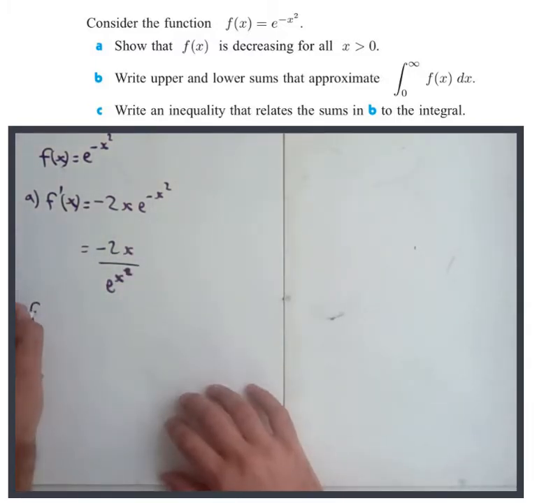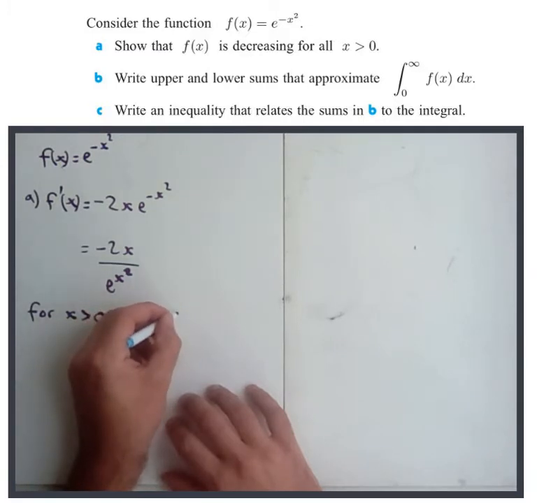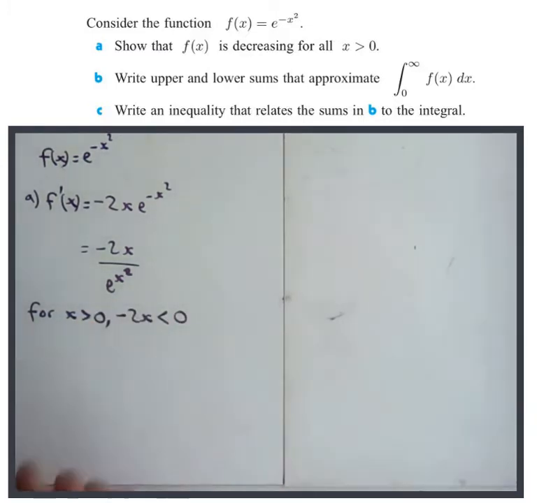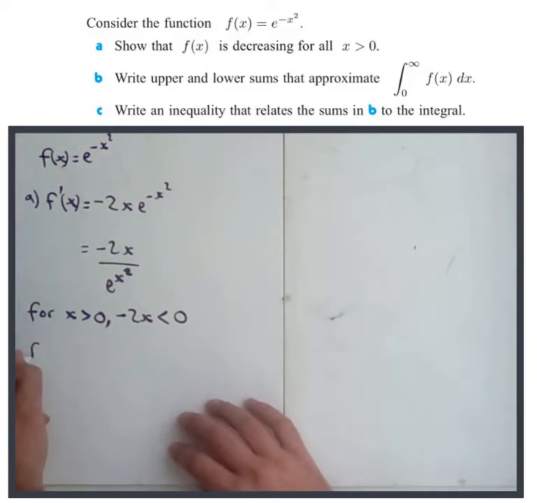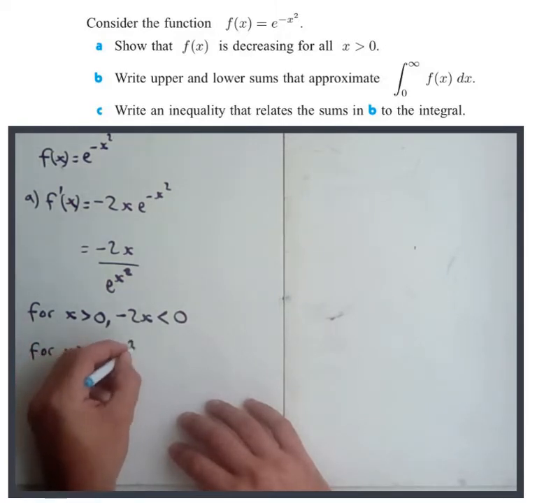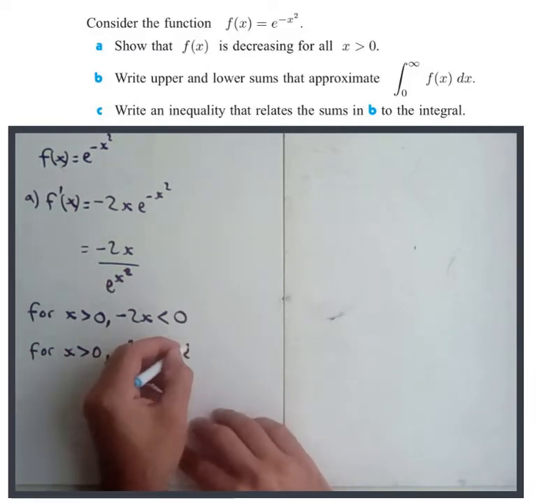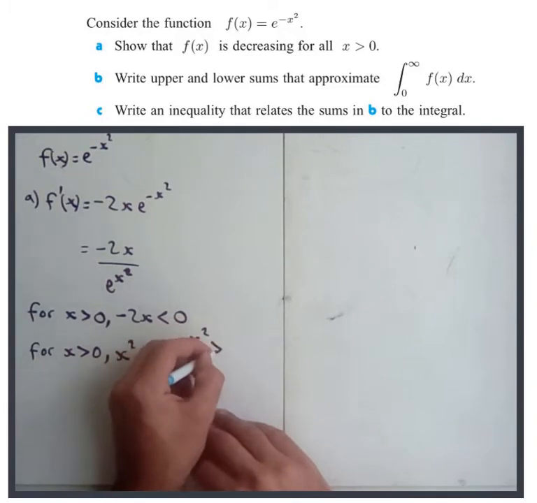So if we write it like that, we can hopefully show that we're going to have a negative over a positive. Remember, for x greater than 0, so if x is positive, minus 2x will always be negative, right? We take a positive number, multiply it by minus 2, which is negative, that will give a negative result. For x greater than 0, x squared will definitely be greater than 0 as well, and e to the x squared will be greater than 0.